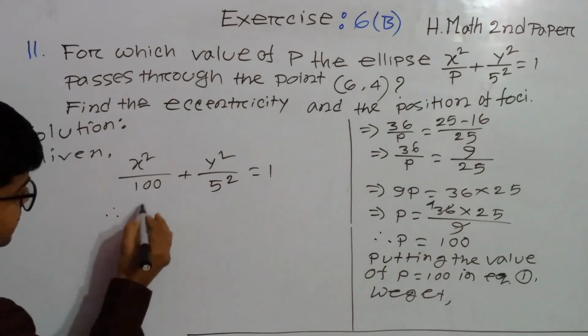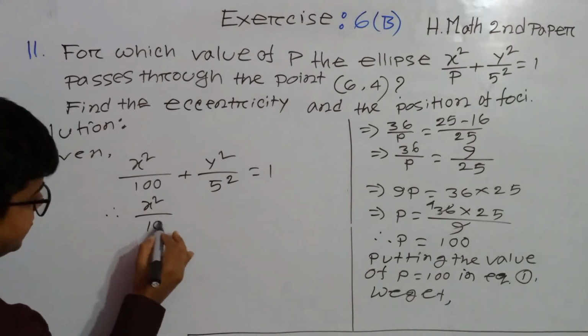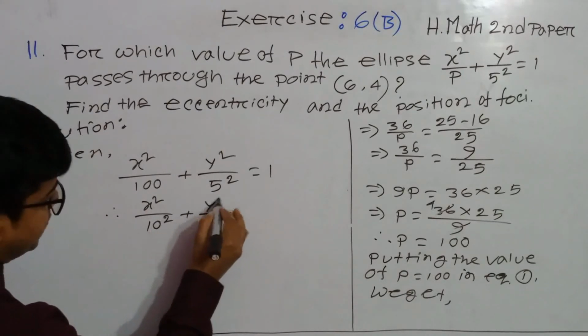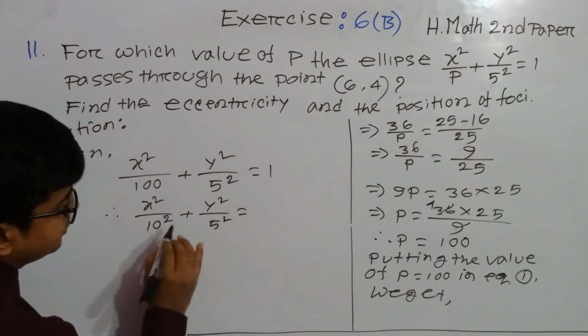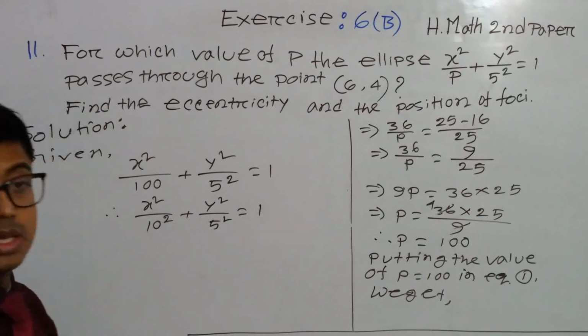So we can write x squared by 10 squared plus y squared by 5 squared equals 1.